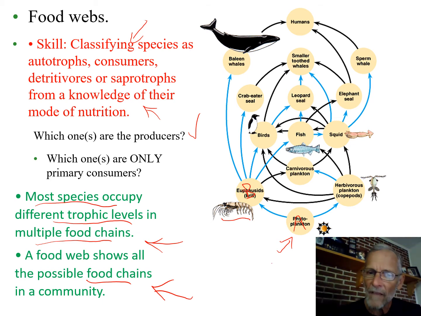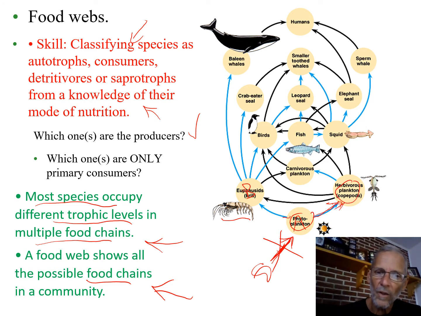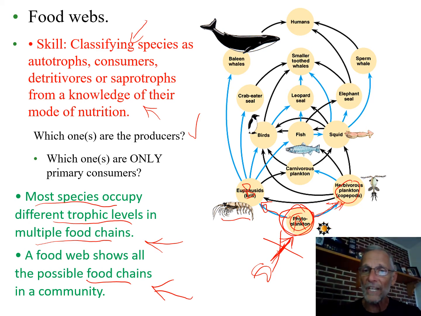The ones who don't have any arrows pointing to it from some other creature, right? What the arrows represent here are once again 2 things, both energy in the form of chemical bond energy and nutrients, chemicals themselves, are going from this organism to that one. How? When this one eats that one, right? So that's what the arrows mean. So the autotrophs, and there's only one here, are the things in a diagram like this that don't have any arrows pointing to it, only arrows pointing away.